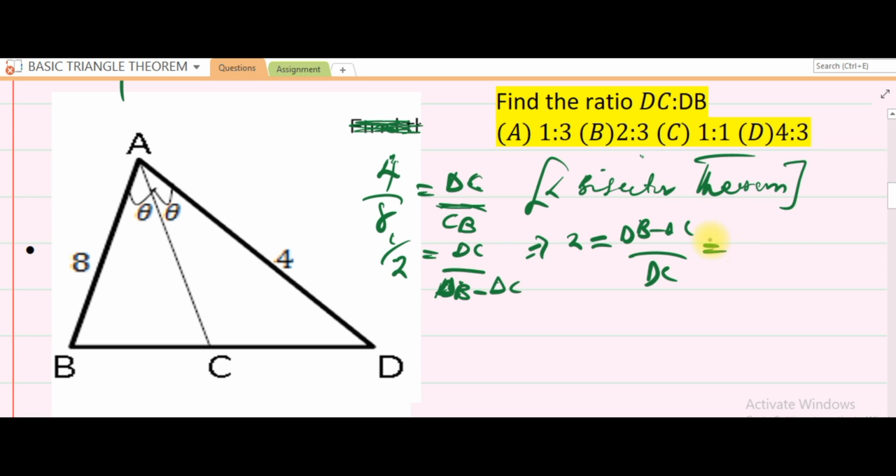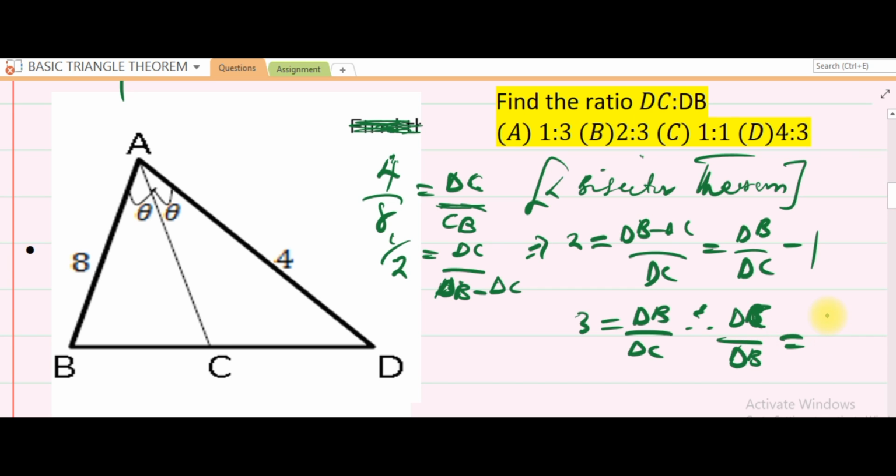So that's what we have, and we can split this. dB over dC is dB over dC minus 1. So what we have here is now 2 plus 1 is 3, equals dB over dC. But we are asked dC over dB, which therefore is now 1:3. So our answer is A.